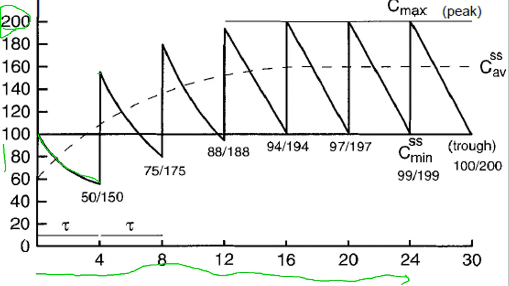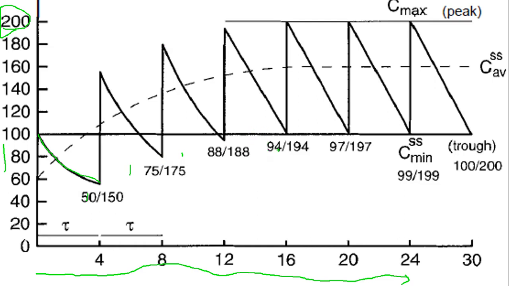Then again you give another dose, and that will increase it to 150 microgram, isn't it? Then in another half life, 150 microgram will get reduced by 50% and become 75 microgram. And again you add 100 microgram and it will increase to 175 microgram. This is 1 half life, 2 half life, 3 half life.